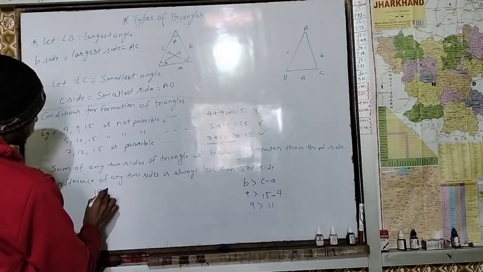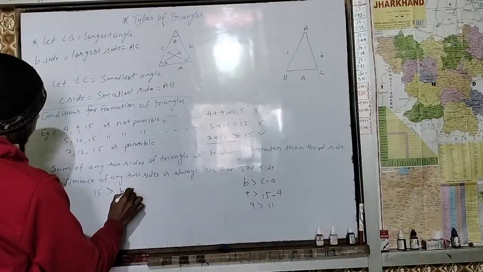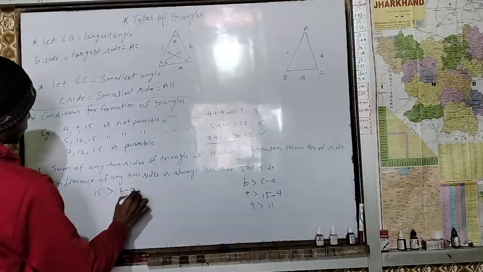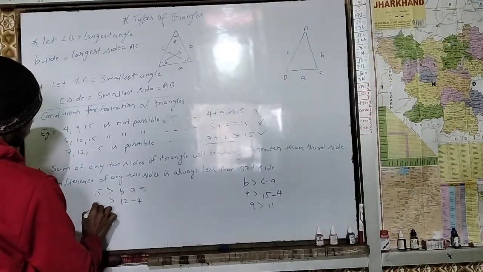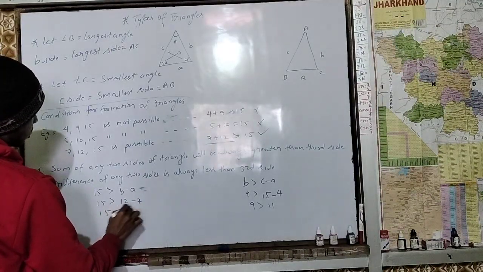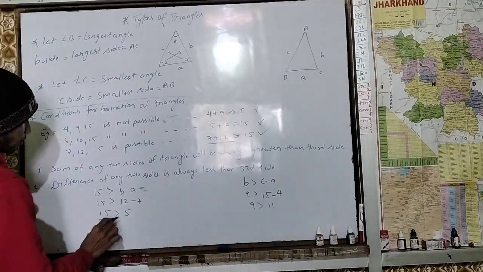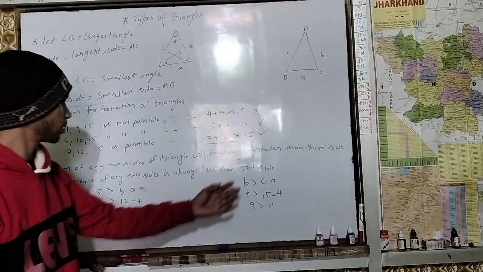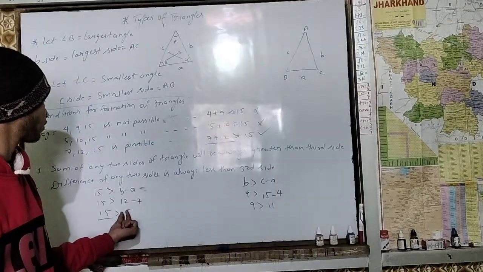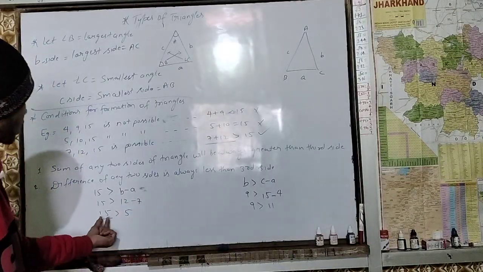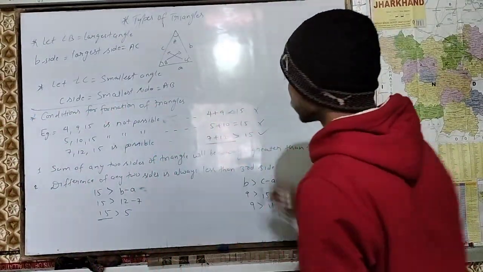It is greater than B minus C. B is 12 minus 7, 5. Now over here 15 is greater. We can see 5 is the difference of two sides, which is less than 15. That's why this was possible.